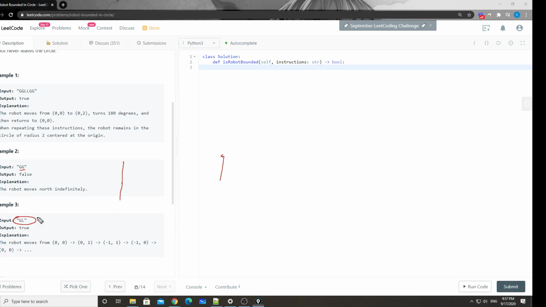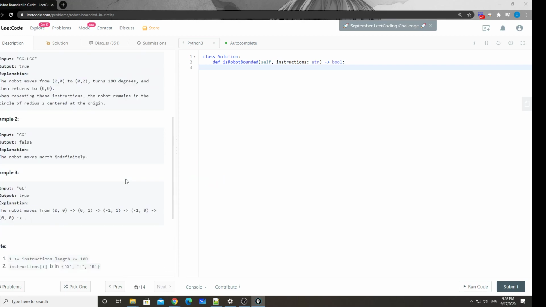For this case, after three repeats of these instructions, the robot will come back to the original state, because it goes here, then turns left again, and again, and then comes back to the starting point.